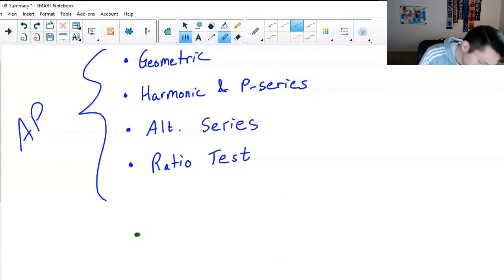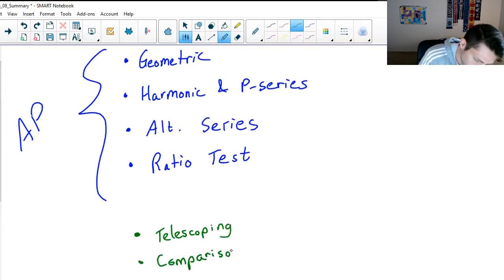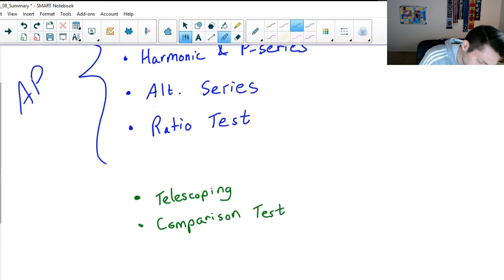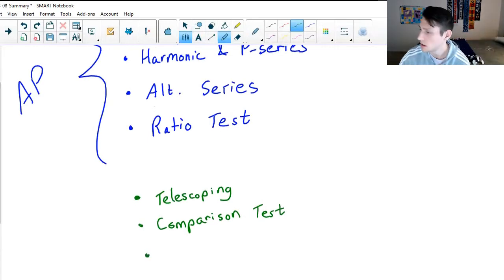Which is telescoping, comparison test, and what, isn't there one more?